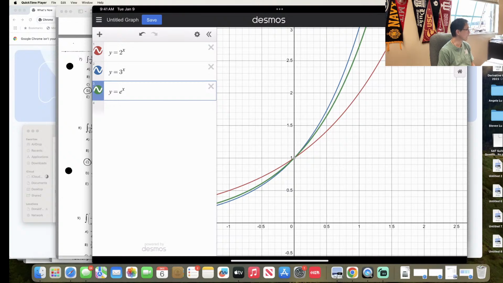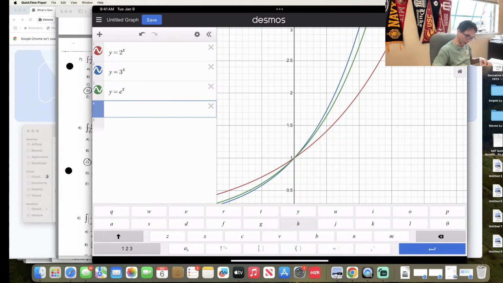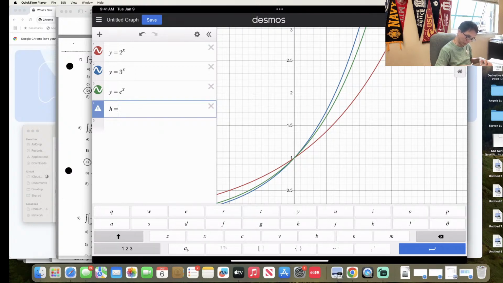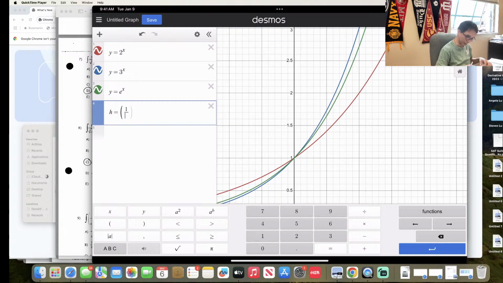So if you don't know how to graph e, if you know how to graph 2 to the x, you can graph the exact same graph. There's no difference. And if this is 1 over e, then it's going to be the inverse. It's going to be symmetric to the y-axis. It's going to go the other way. Just say y equal to 1 over e to the x.